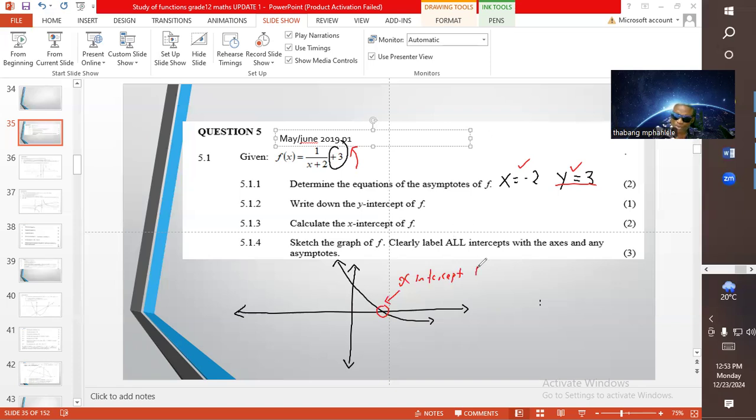Simple stuff. So I'm going to go to the equation of f. Where I see y, I'm going to substitute. My y is f of x there. So I'm going to substitute my y with 0. So let's go for it.